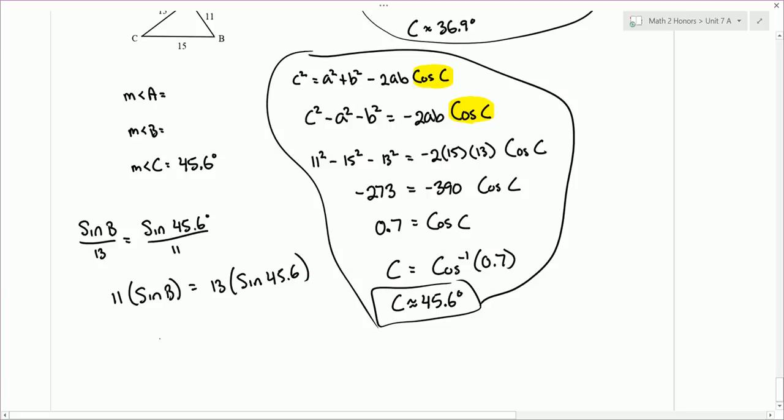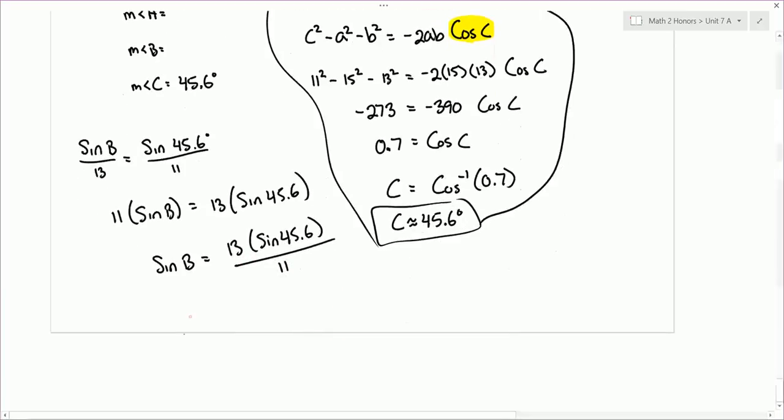I'm going to divide by 11 and I get the sine of B is equal to 13 times the sine of 45.6 over 11. I'm going to use my calculator and get the sine of B, plug in 13 times the sine of 45.6 divided by 11, and we get 0.844376803.